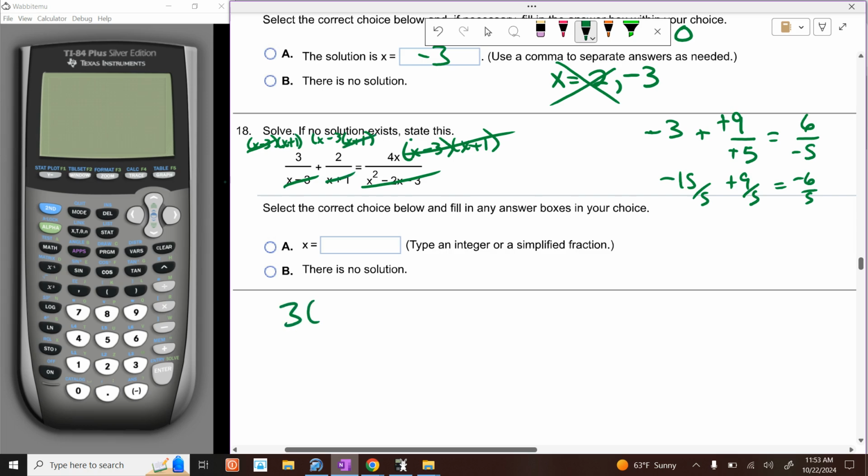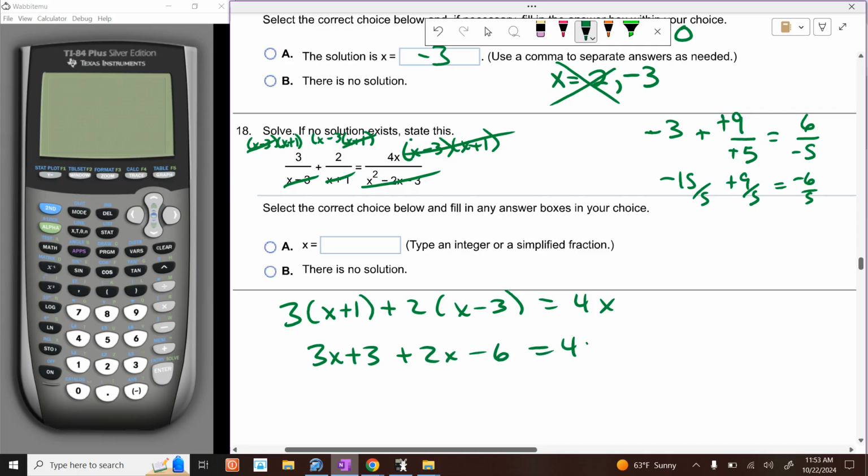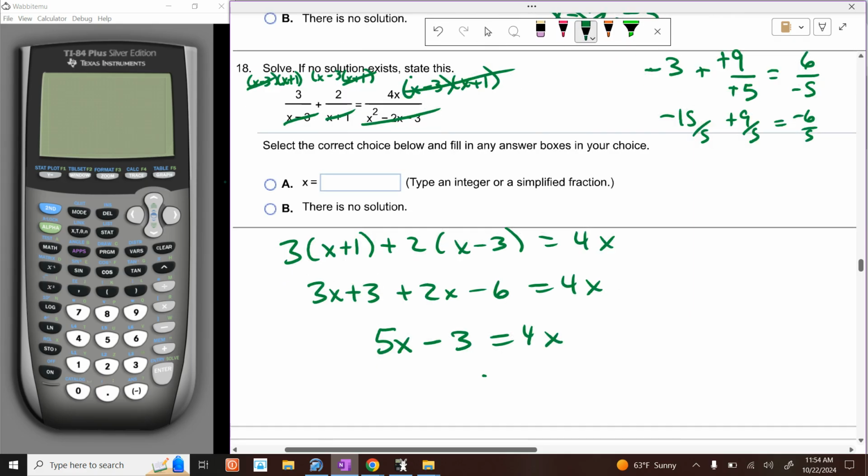So it's 3 times x plus 1 plus 2 times x minus 3 equals 4x. So 3x plus 3 plus 2x minus 6 equals 4x. So 5x minus 3 equals 4x. So if we subtract 4x from each side, x minus 3 equals 0, so x equals 3. If we stick a 3 in here, that does not work. So there is no solution for this one.